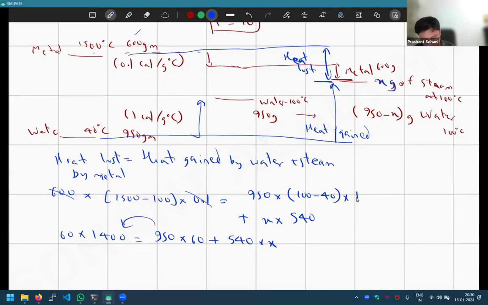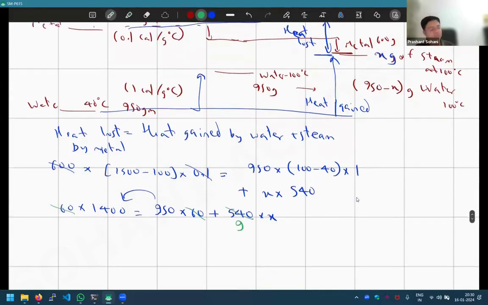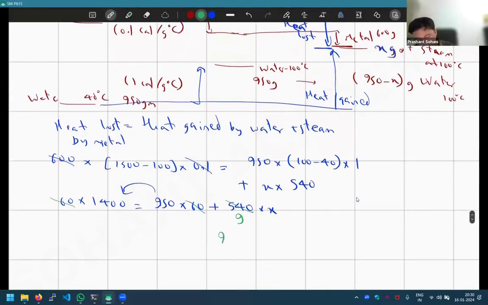I think that everything is divisible by 6, at least 60. In fact, I see 60 is one common factor. So let us get rid of 60, because 6 9s are 54. Yes. Okay, now it looks much more manageable. It is not that crazy.